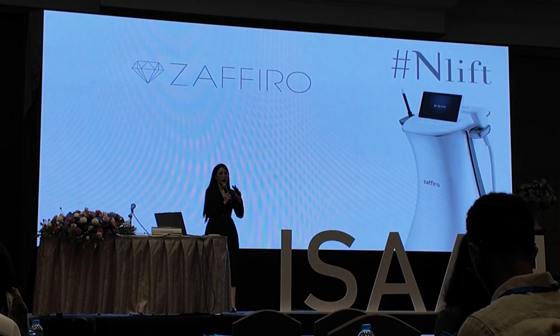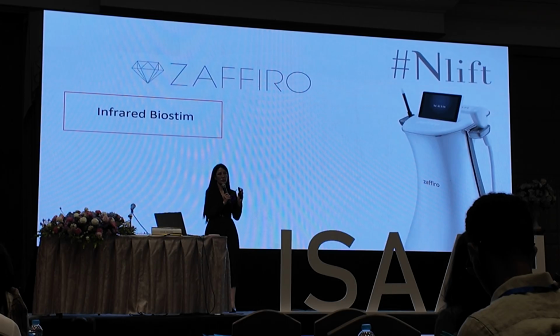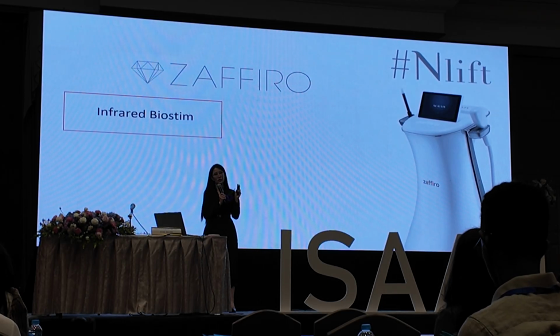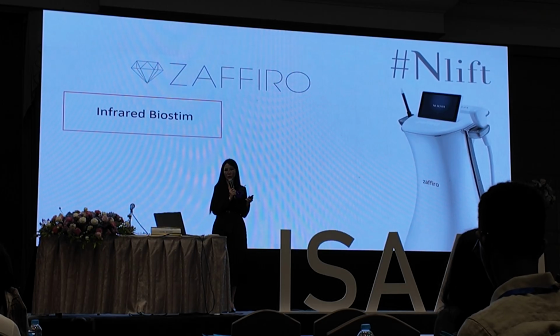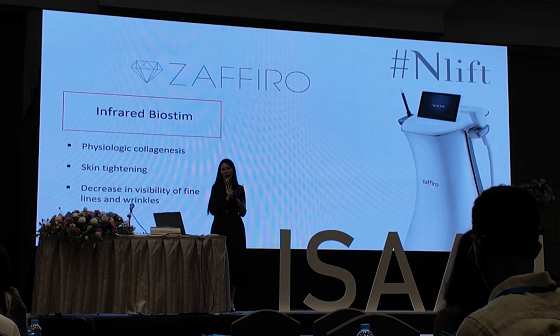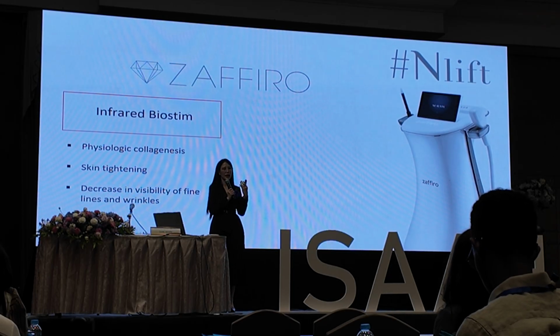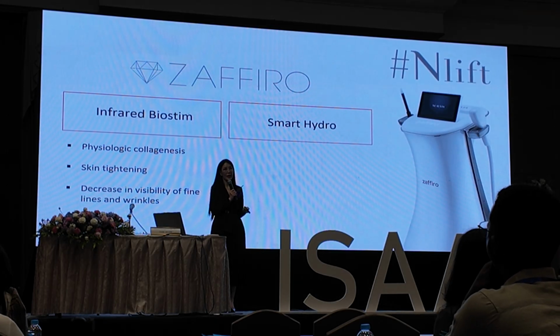And Safiro. The Safiro is a machine that has 2 functions. The first one is the infrared collagen stimulation. It will give the skin tightening effect, and it can decrease fine lines and wrinkles. And it has the Smart Hydro.